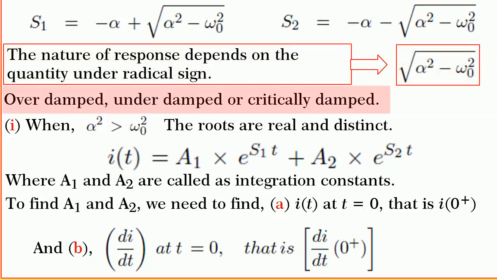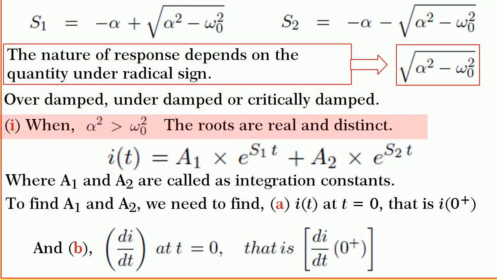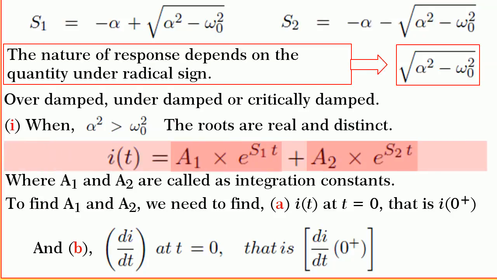We also know that depending on the type of roots, the system response could either be overdamped, underdamped, or critically damped. So, when alpha square is greater than omega naught square, the roots are real and distinct. The system response can be considered as the sum of two exponential components.